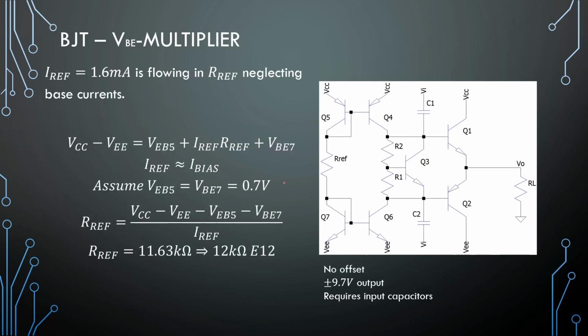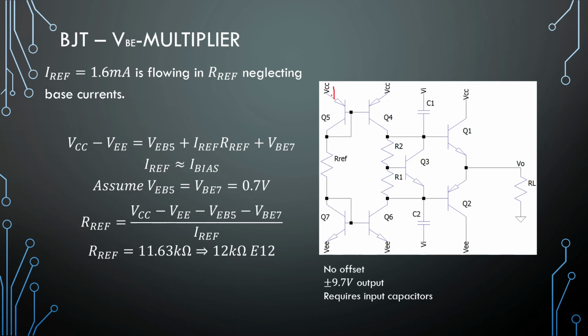Okay, the last VBE multiplier configuration is our balanced current source. We have capacitors on the inputs, and this can definitely reach rail to rail. It's not as bad as the diode voltage loss that we had with the diode bias.